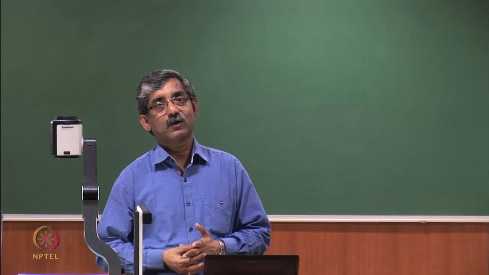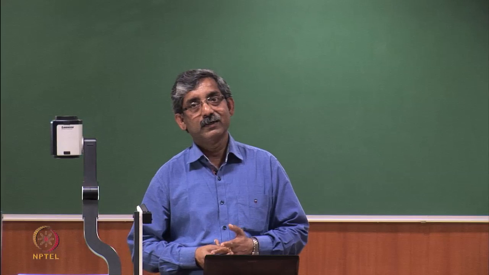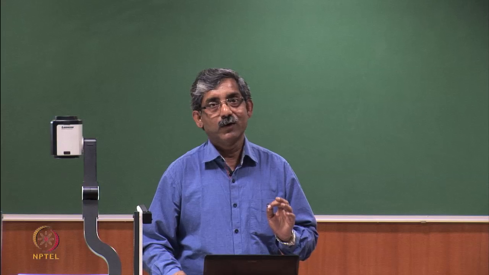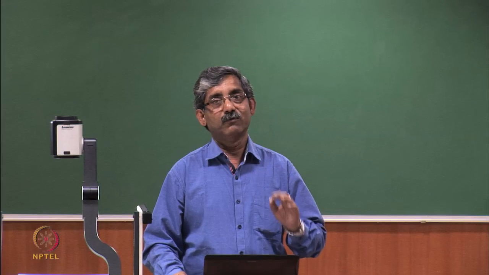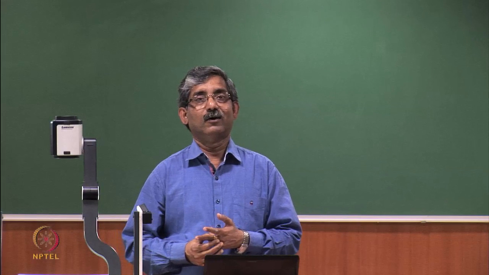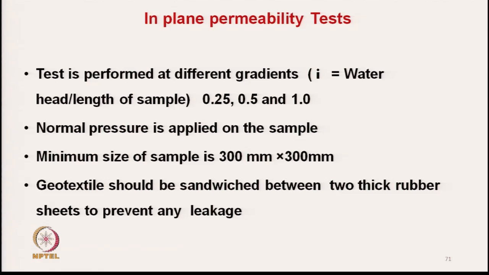Earlier we have discussed the cross plane permeability. Now, the in plane permeability means the water flows along the plane of the geotextile. The test is performed at different gradients. So, gradient here is the water head divided by the length of the sample.